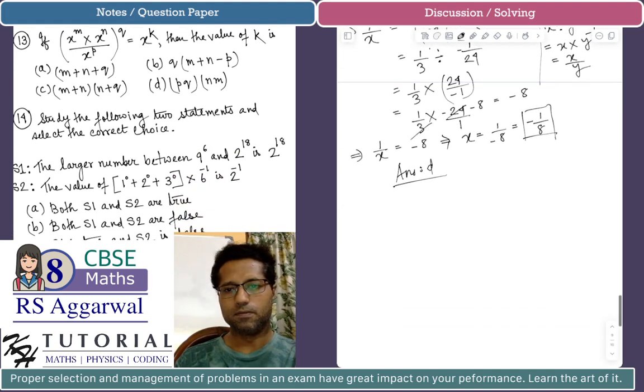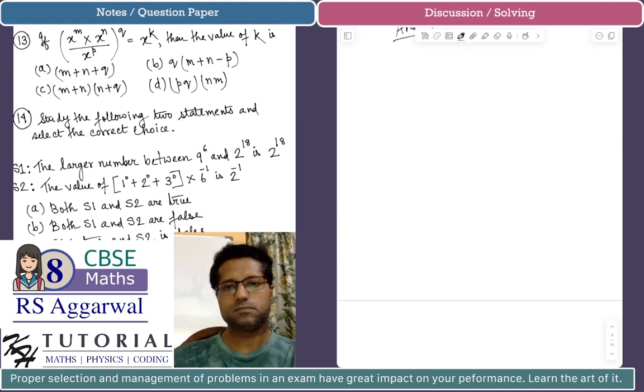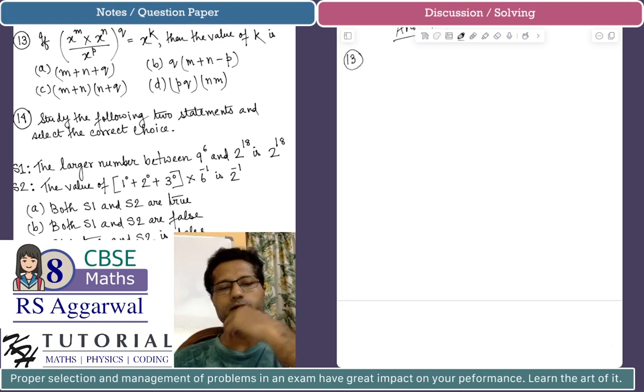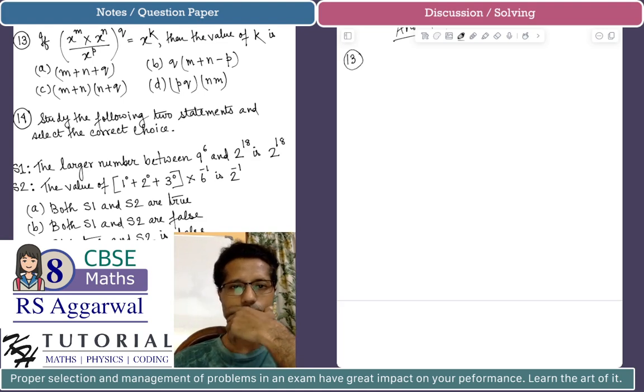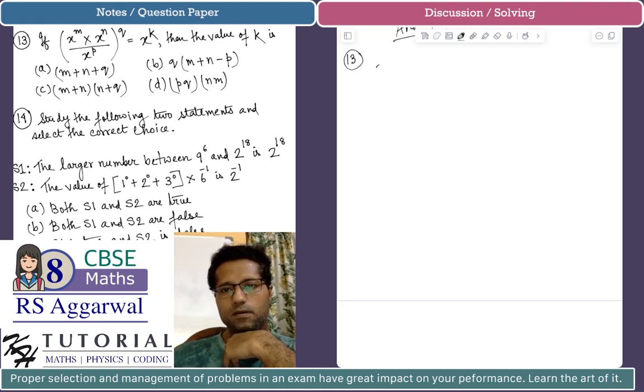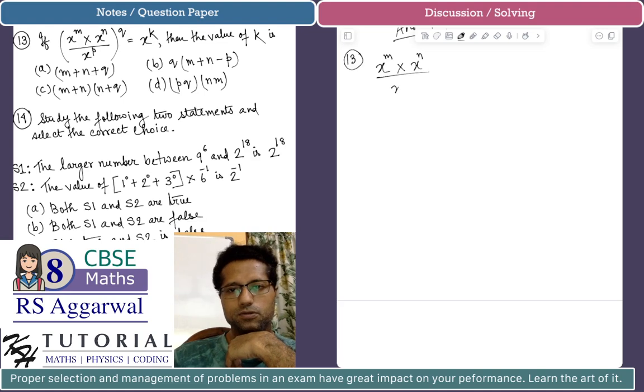Okay, let's do problem number 13. Okay, so we are given some equation, we have to find k. Fine. It is given x to the power m multiplied by x to the power n divided by x to the power p, this whole raised to the power q is equal to x to the power k.